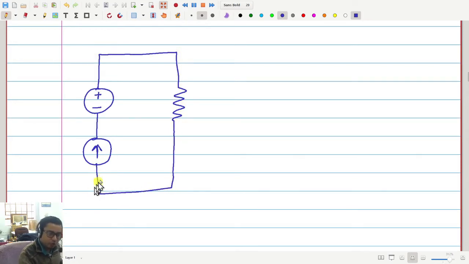So I'm giving you a small problem where we have a voltage source whose value is 10 volt and a current source whose value is say 2 ampere, and suppose there is a resistance which is 4 ohm, and I ask you to solve this circuit. Solving a circuit means find out all currents and voltages.